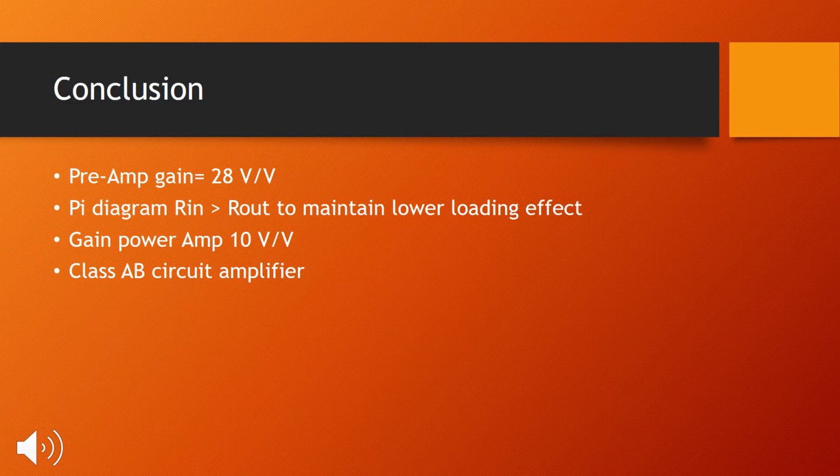In the pre-amplifier, we obtained a gain of 28 volt per volt, and in the pi model diagram Rin was greater than Rout, which is an expected value to be able to maintain a lower loading effect. The gain for the power amp is 10 volt per volt.